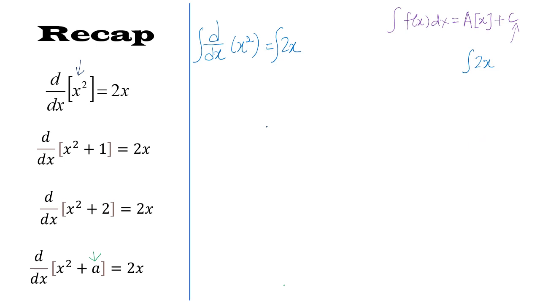Similarly, when you integrate a function, you need to integrate it with respect to the variable that you have in the function. So if your function is 2x, then you're integrating 2x with respect to x, dx, and you write it this way. So if you're integrating 2t, then it would be dt.